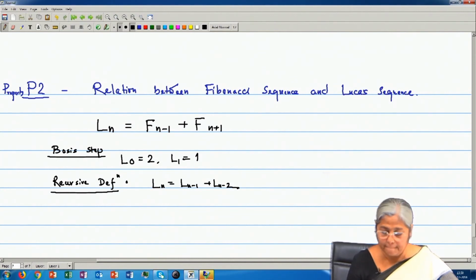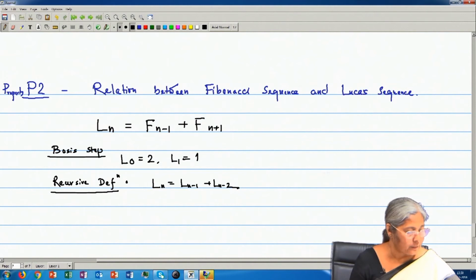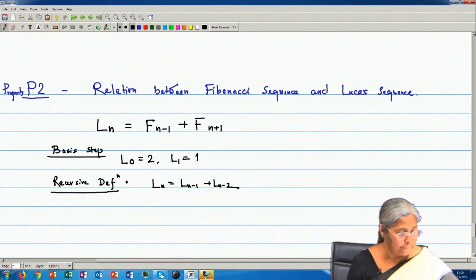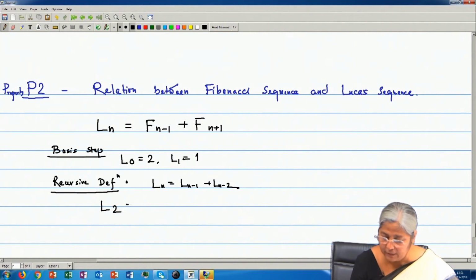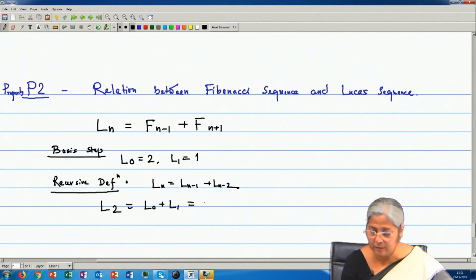So, I can find that L 2 is L 0 plus L 1, and we have seen already the numbers are 3 etcetera.